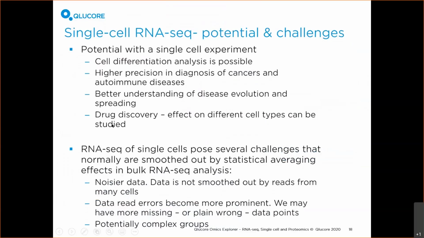And when you are working with drug discovery, you can study the effect on different cell types. But it's also a challenge because this is quite noisy data compared to the bulk RNA-seq analysis that is also done. So noisier data, a lot of errors in there, and potentially very complex groups.